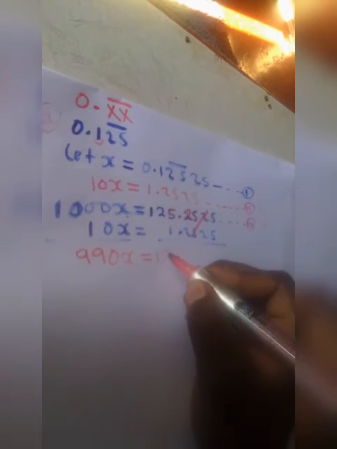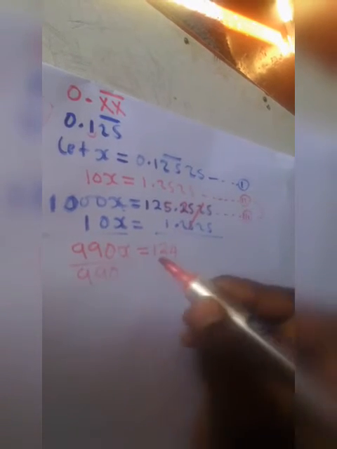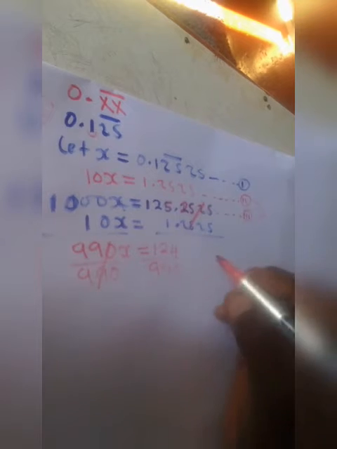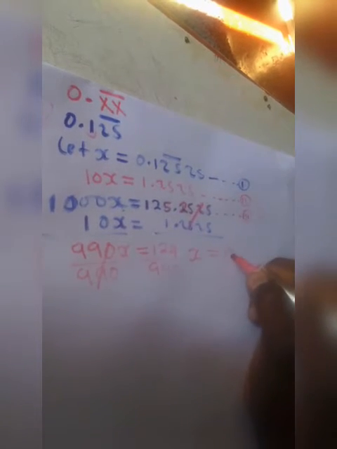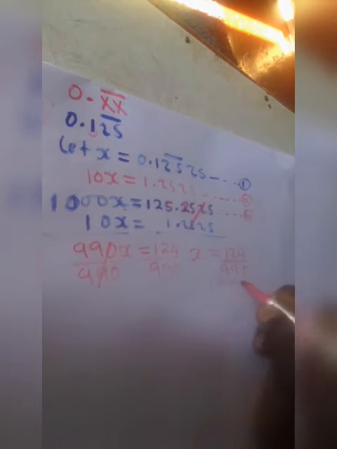This will be 124. Then find the value of x, divide both sides by 990. Then your value of x will simply be 124 over 990. Like this. This is your answer.